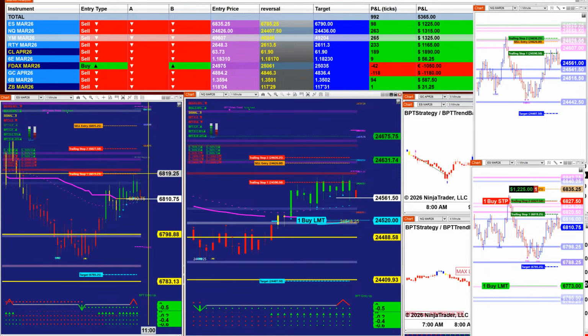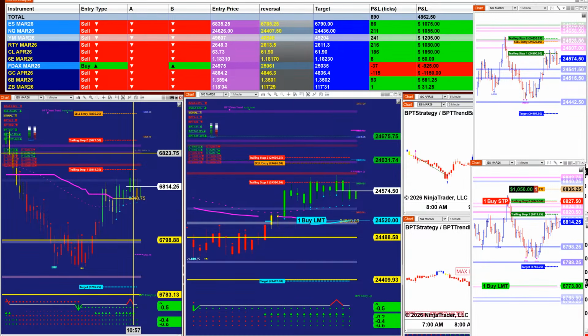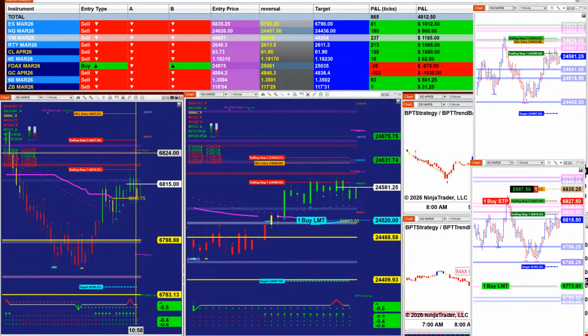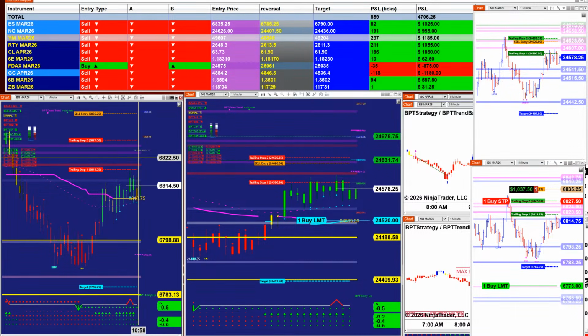The same story on the ES, it has been rejecting, and there is a double. Every time you see double support or double resistance, the market will stop. So this guy is fighting to go long, and he doesn't understand the magnitude of danger and the high-risk trade he's taking in there.